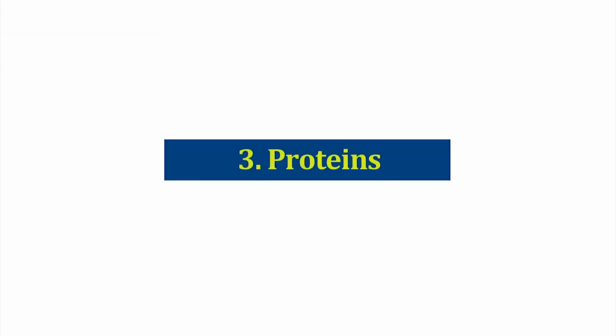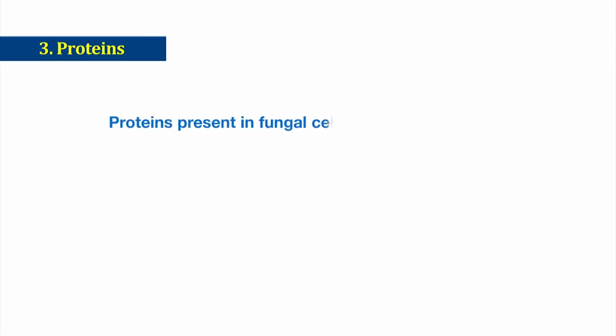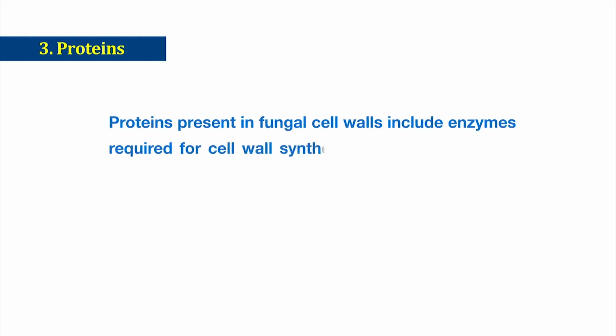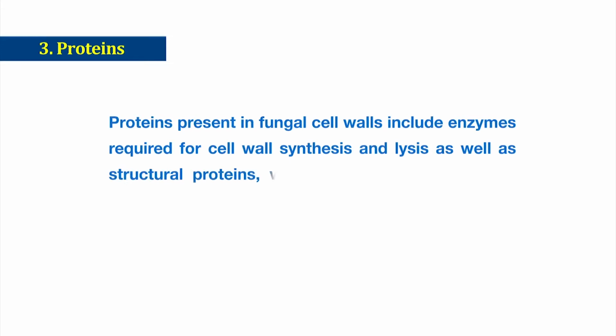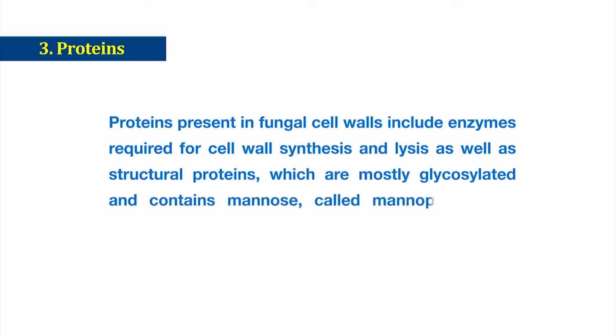The third components are the proteins. Proteins present in fungal cell walls include enzymes required for cell wall synthesis and lysis, as well as structural proteins which are mostly glycosylated and contain mannose, called mannoproteins or mannans.